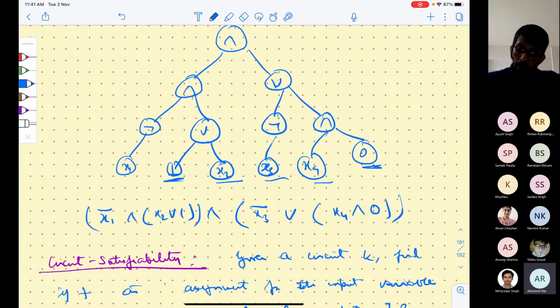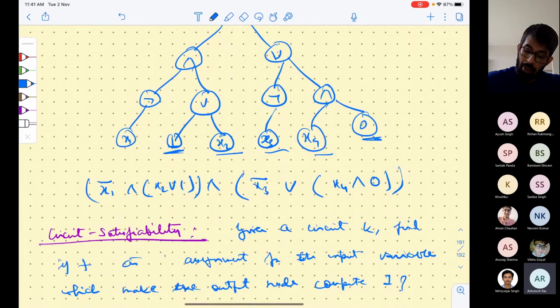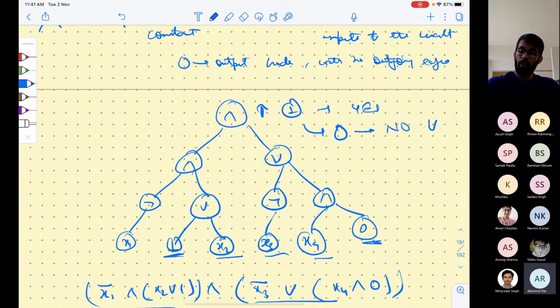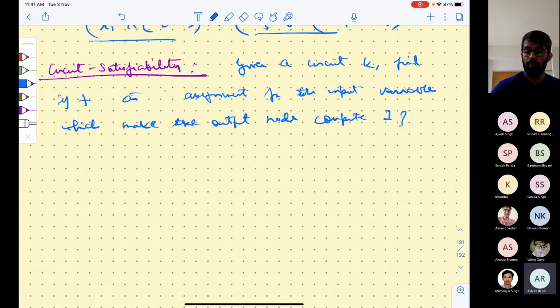Right? So here, this is the output node. If the output is 1 for some assignment, that means there is some setting of these inputs such that this becomes 1. Then we say that this is a yes instance. And if for all of them the output is 0, then we say it is a no instance. So no is for all, the yes is for exists, right? So any problem or any question about the definition of a circuit?